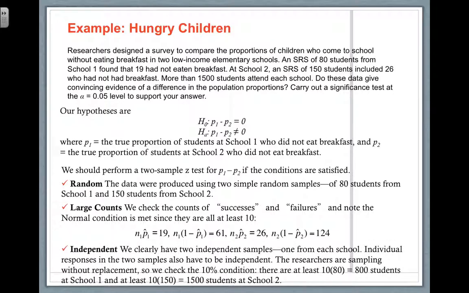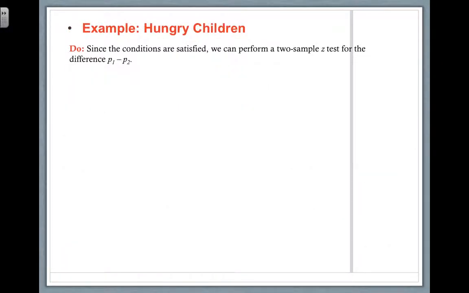And then finally, they're independent. They tell you that there are more than 1,500 students in each school, so you know that the 10% condition is met here. 80 is less than 10% and 150 is less than or equal to 10% of 1,500.